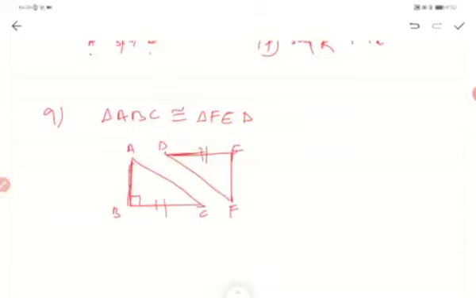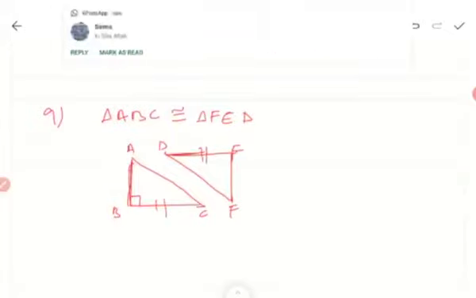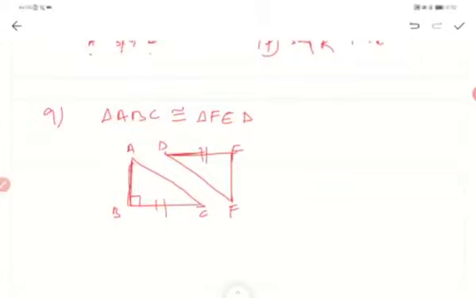All right. Now tell me, explain to me, why is this triangle congruent? Can you tell me?